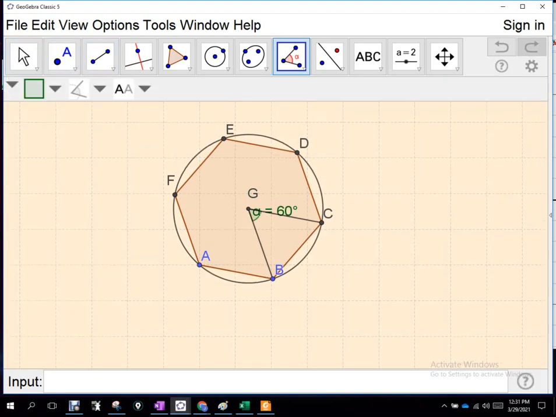That 60 degrees there is considered a central angle. Is that okay with everybody? The two radii have to be back to back. They have to be going from the center of the polygon to consecutive vertices. You cannot skip. Like I couldn't draw the radius from G to B, and then the radius from G to D, and consider that a central angle.